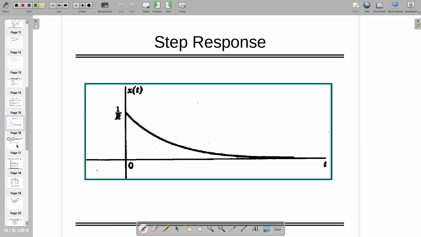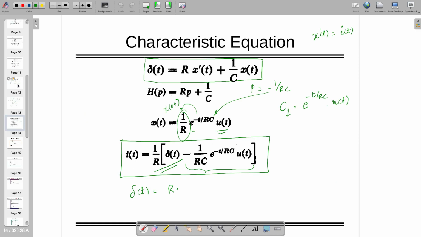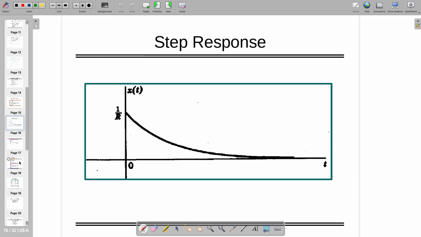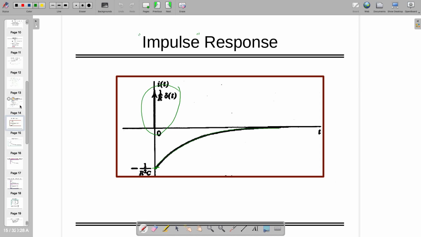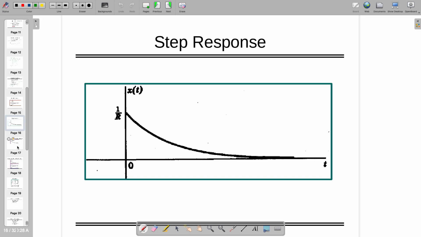Similar to that, if it is step response, now can somebody explain this step response? How to find out step and impulse, by the way?